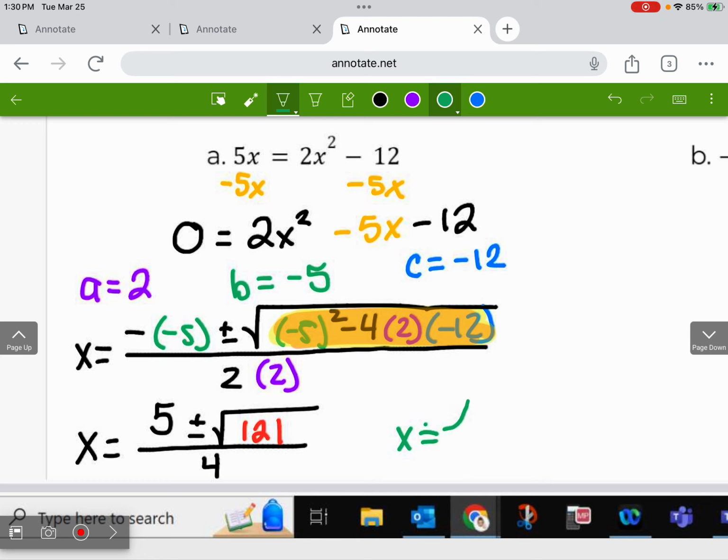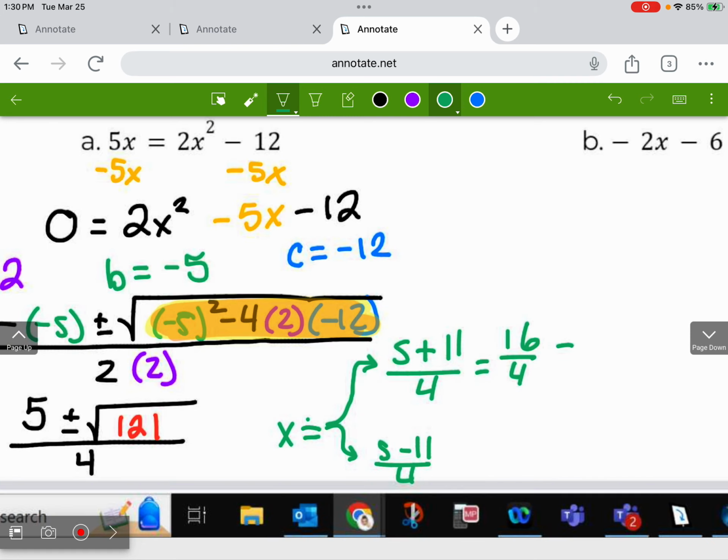So we're going to have our x equals 5 plus, what is square root of 121? 11 over 4. And we're going to need to do our 5 minus 11 over 4. Well, 5 plus 11, that's 16.